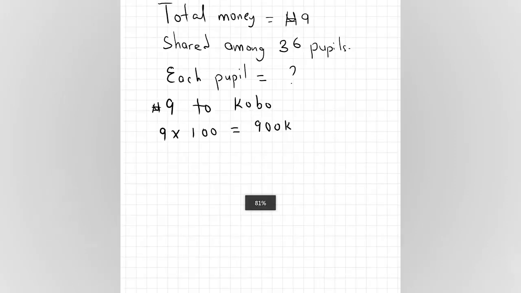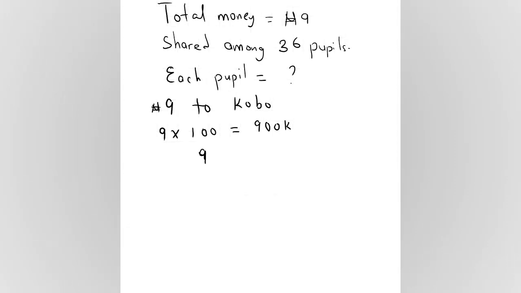So we have 900 divided by 36. What can cancel? 9 into 36 goes 4 times, and 9 here is 1, and then 0, 0. So we have 100 all over 4.